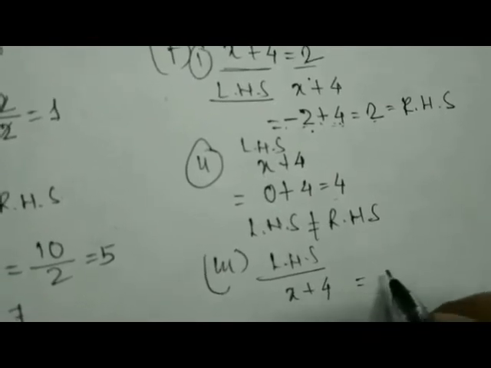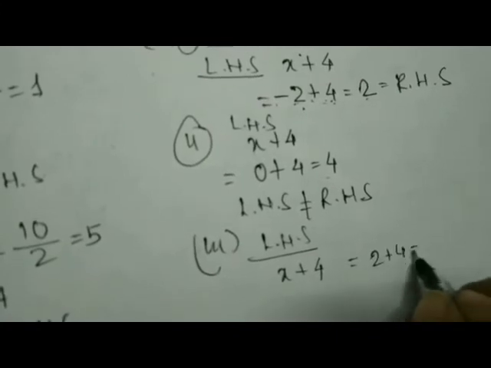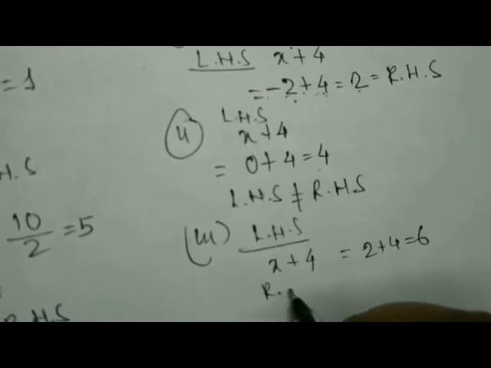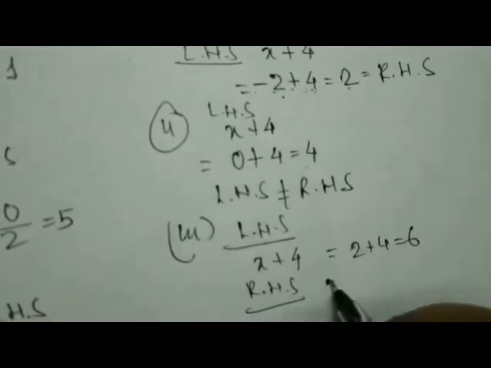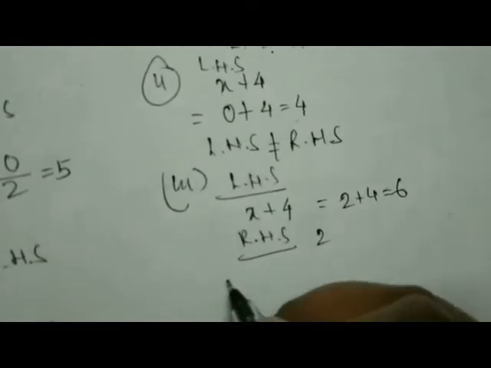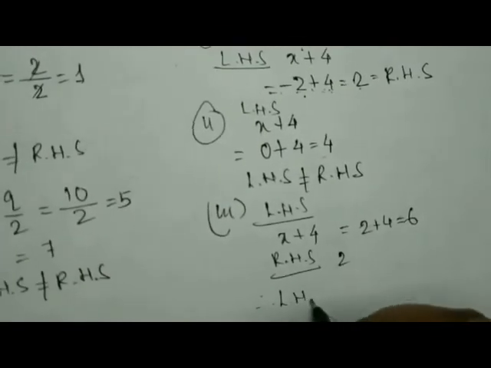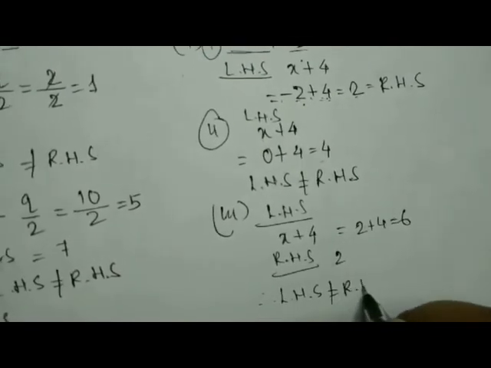So in place of x, 2 plus 4 is 6, and on the right hand side we have 2. So 6 is not equal to 2, and we write left hand side is not equal to right hand side.